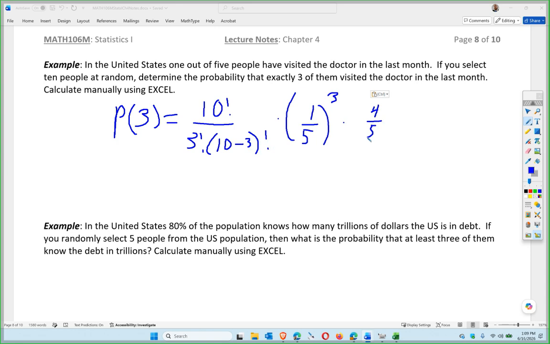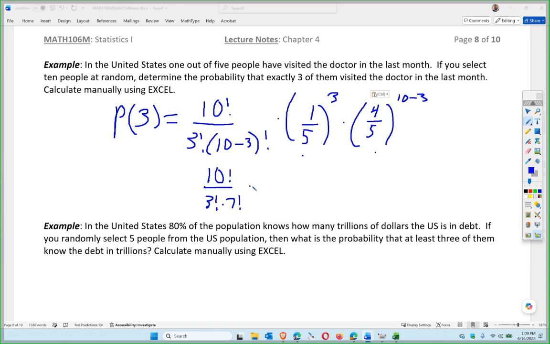Because 1/5 success, 4/5 failure. 10 minus 3. Okay, so remember, these must add up to 1, right? It did last time, it was 60%, 40%. And then this should be 10 factorial, and this should be 3 factorial, 7 factorial, right?